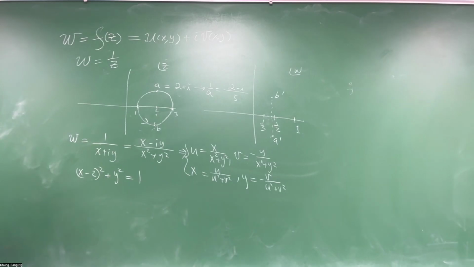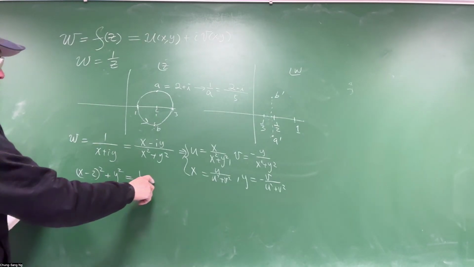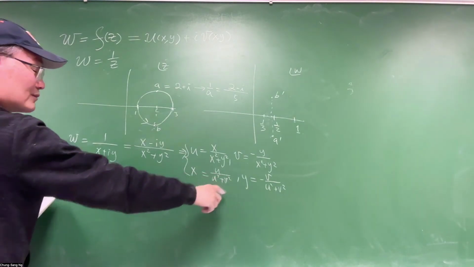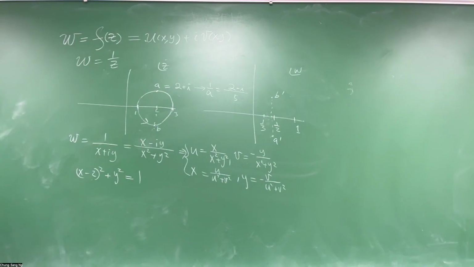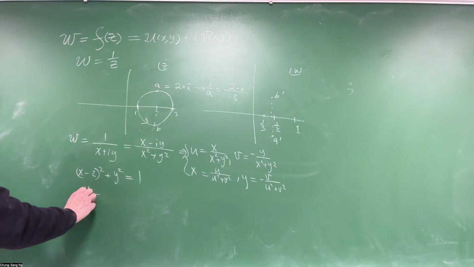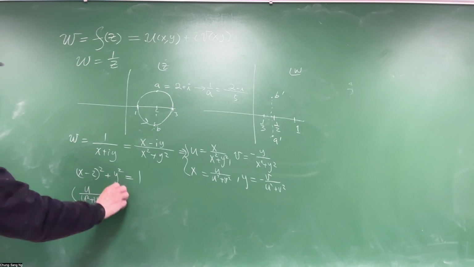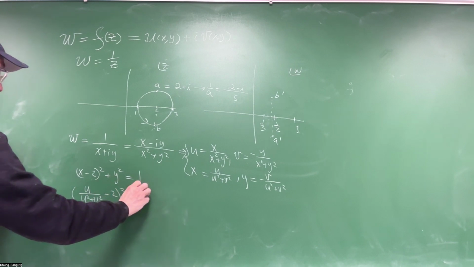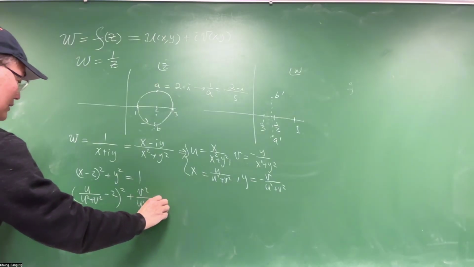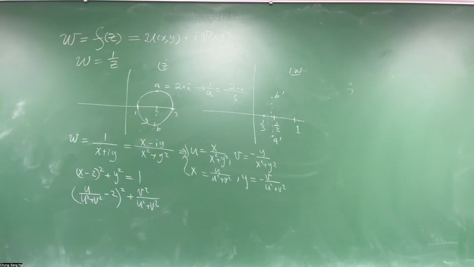And then you can figure out the corresponding equation in u and v by this transformation. That means x is u over u squared plus v squared, and y is minus v over u squared plus v squared. So this will go into that.